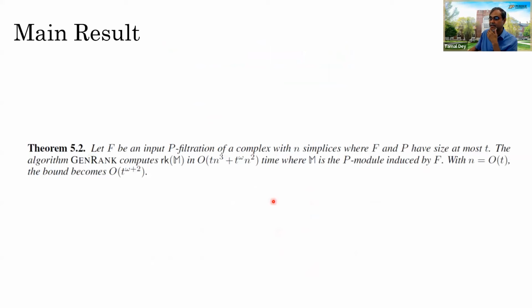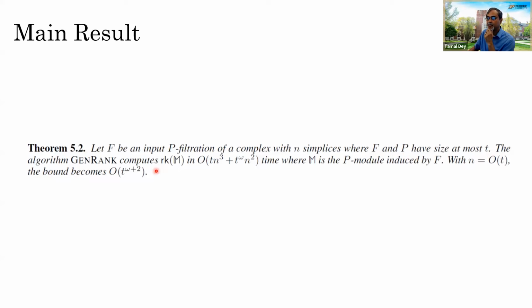One thing, so main result is now, once you compute all these things and from the algorithmic complexity viewpoint, if you analyze, this is the algorithm complexity you get. Suppose you have been given, so the algorithm operates on a filtration. I assume that the input is a simplicial P filtration. So on the poset P, I have the filtration of a simplicial complex. I assume that. And then suppose the poset size is T, and suppose it is a filtration of a simplicial complex of size N. N is the number of simplices.